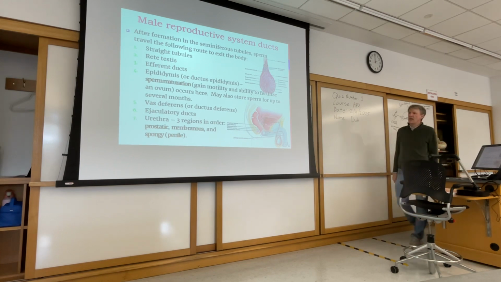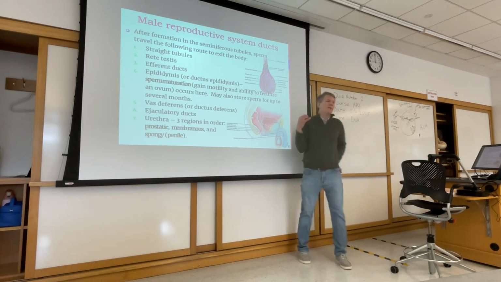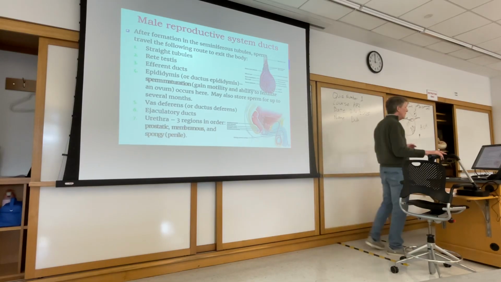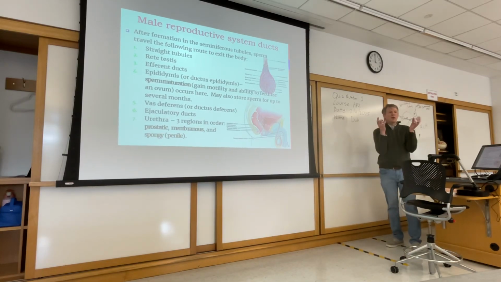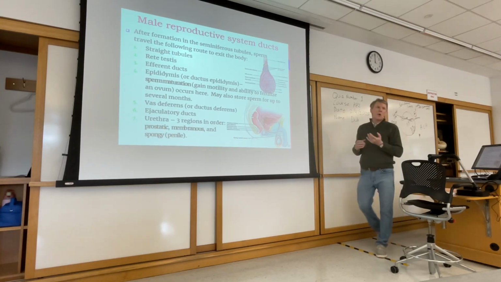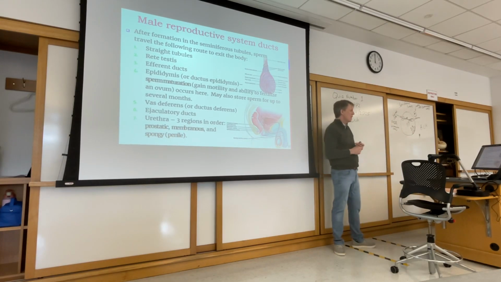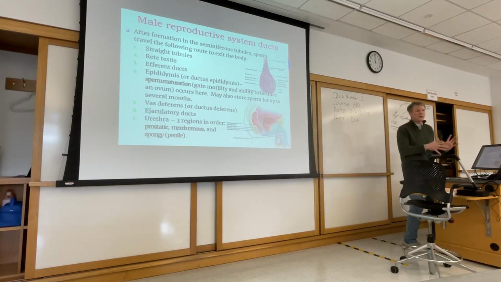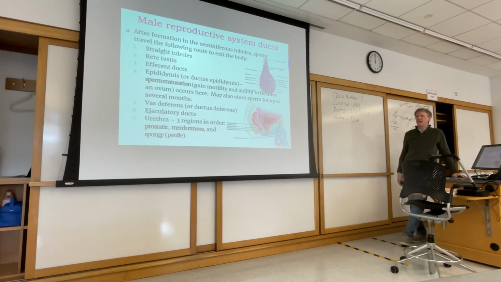They die inside the epididymis. And as you'll see under the microscope today, there are special little cilia on the cells that line the epididymis that are there to help absorb the dead sperm parts. They're called stereocilia. That's again to help with the absorption of the sperm that die off there.